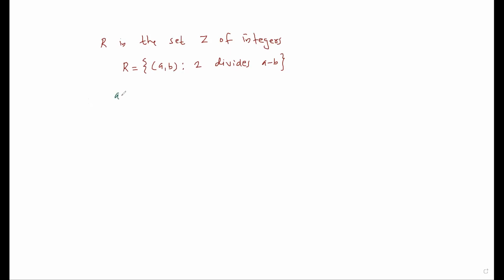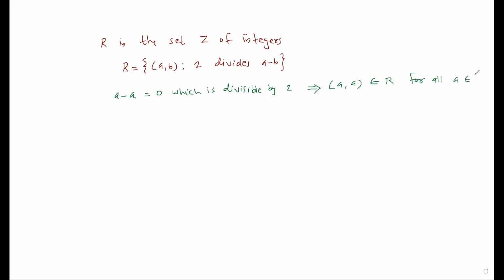See, for every element a, a minus a is equal to 0, which is divisible by 2. That means (a, a) belongs to the relation.